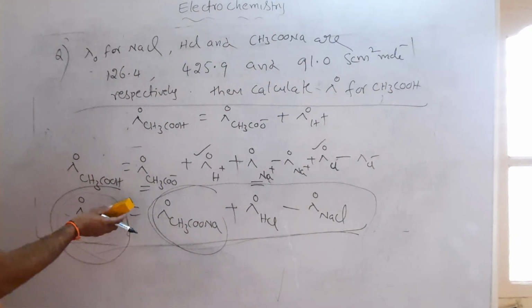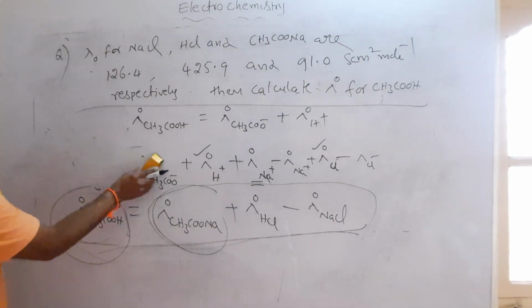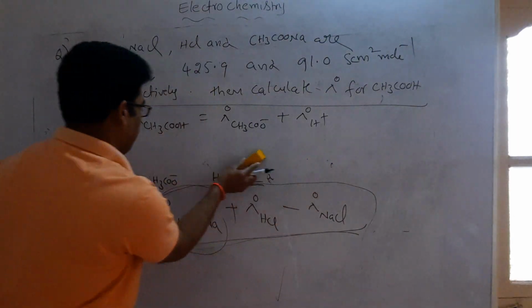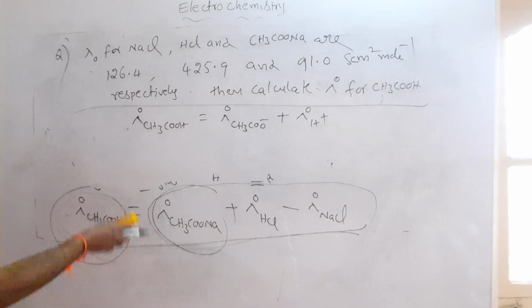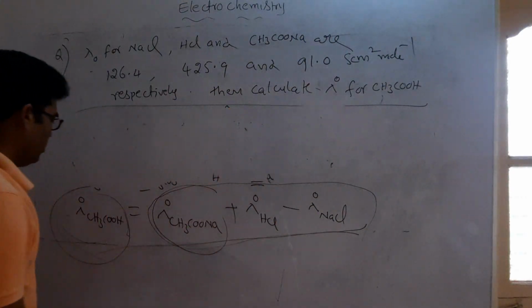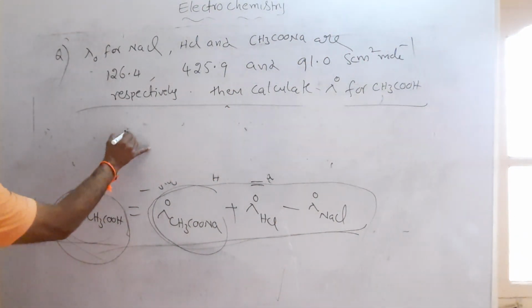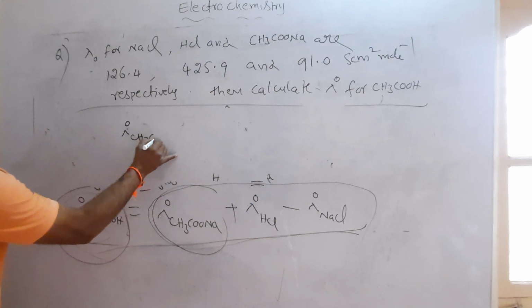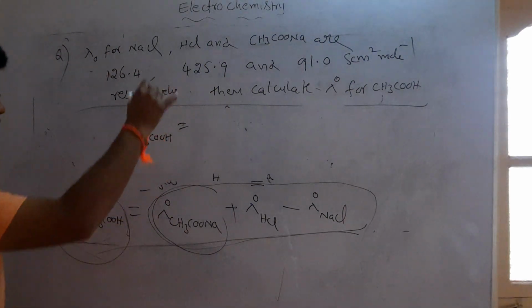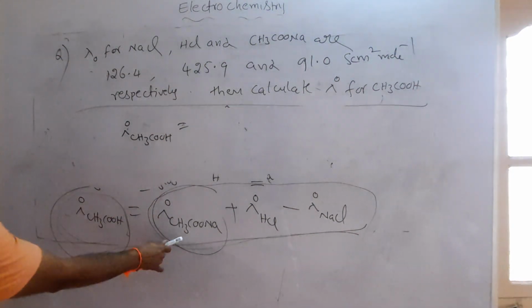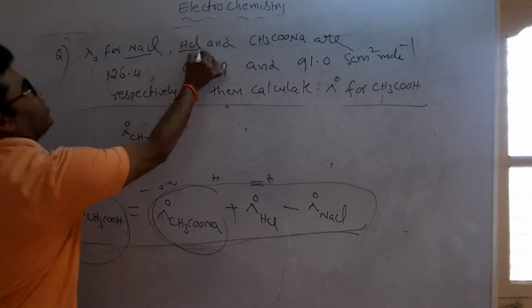Now you substitute the values. See this one, lambda naught CH3COOH is equal to lambda naught CH3COONa, this one, this one, this one.